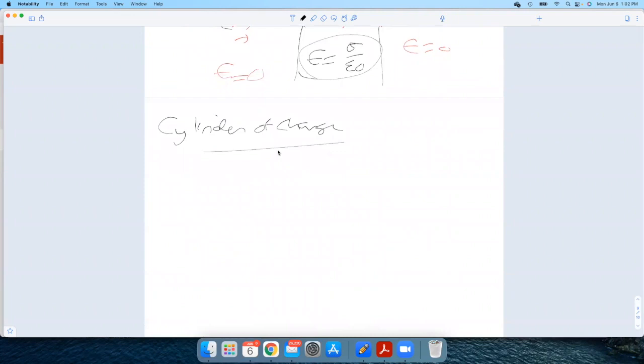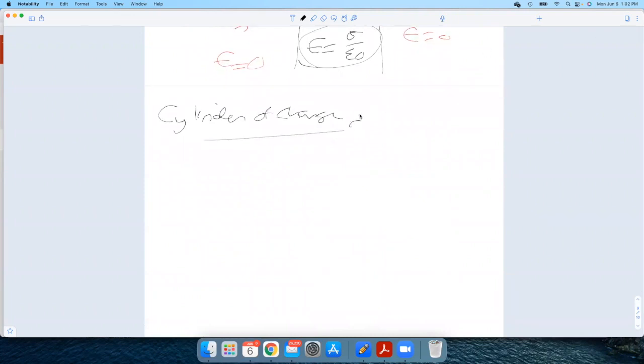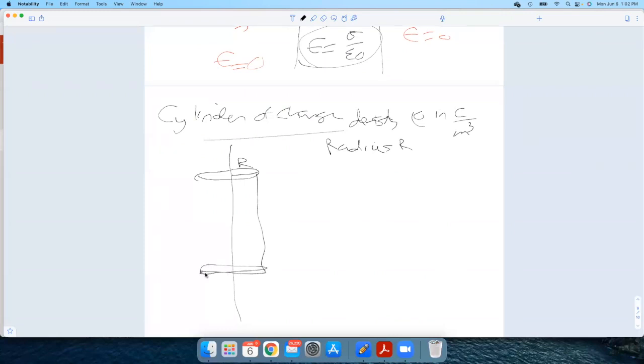But I do want to mention this guy, the cylinder of charge with some charge density, rho, in coulombs per cubic meter. So I've got an infinite cylinder of charge of radius R. Let me even write here, infinite, so this goes on forever.